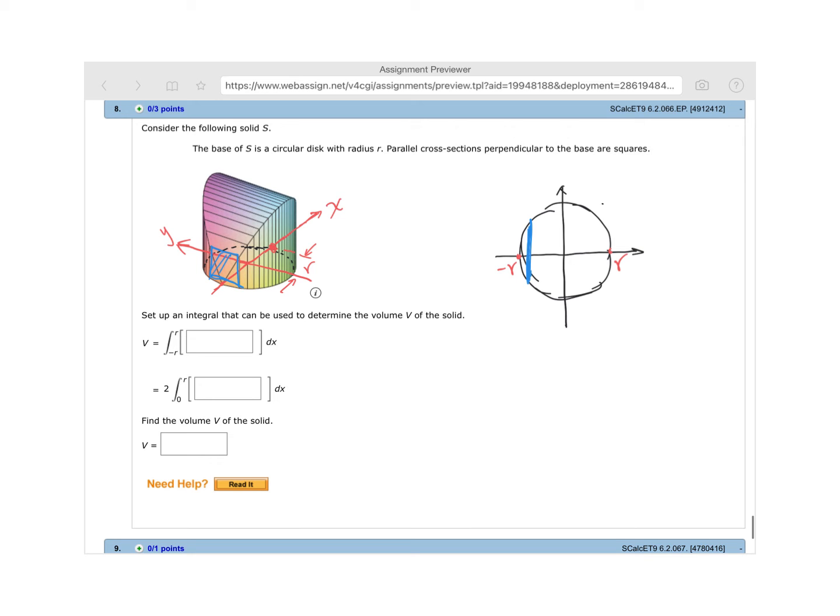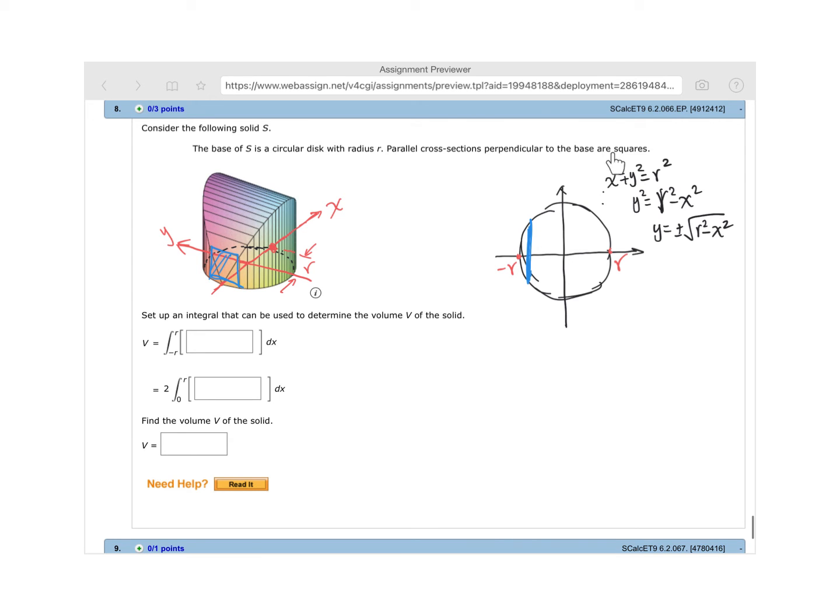Now, because this is a circle, x squared plus y squared should be equal to r squared, meaning y squared is equal to r squared minus x squared, or y is plus or minus the square root of r squared minus x squared. Now, let's say this is an arbitrary slice on the base, and above this there's a perfect square.